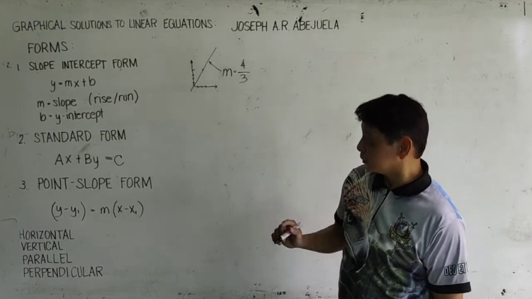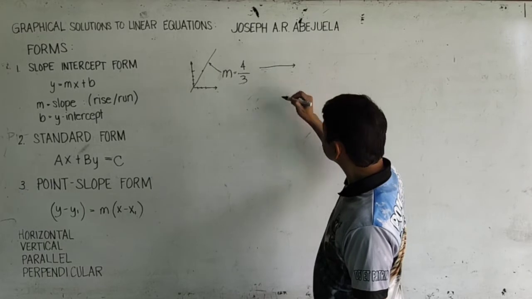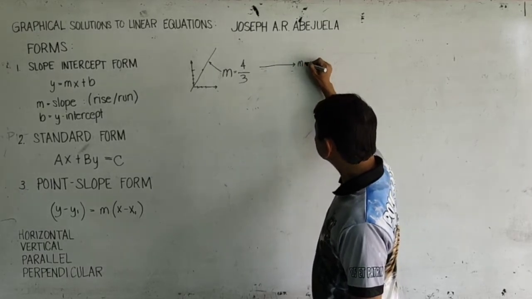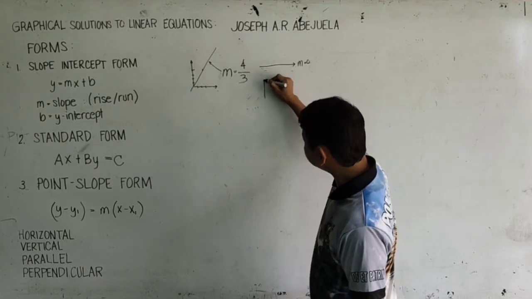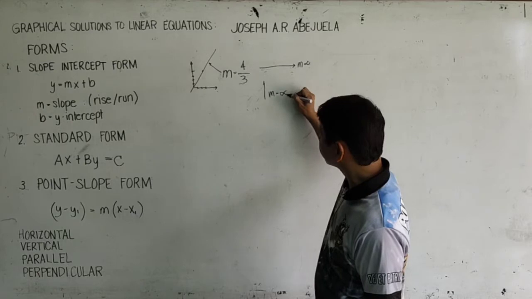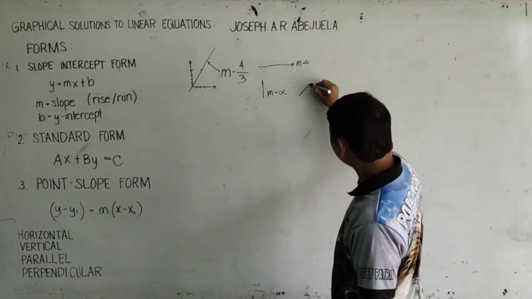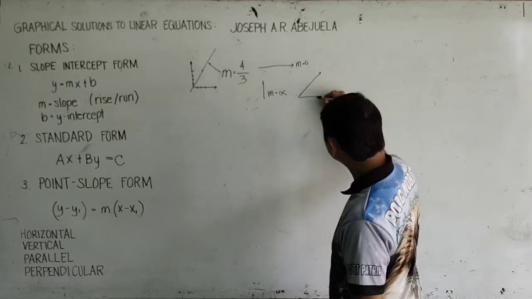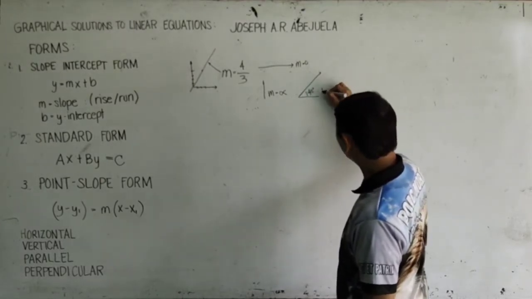Okay? So for horizontal lines, the slope is equal to 0, whereas in vertical lines, the slope is undefined, infinity. For 45 degrees, the slope is equal to 1.